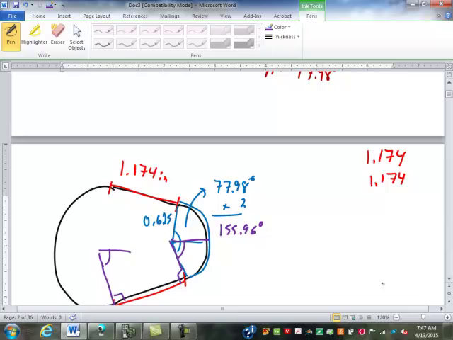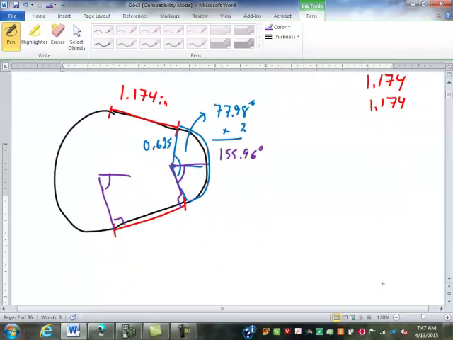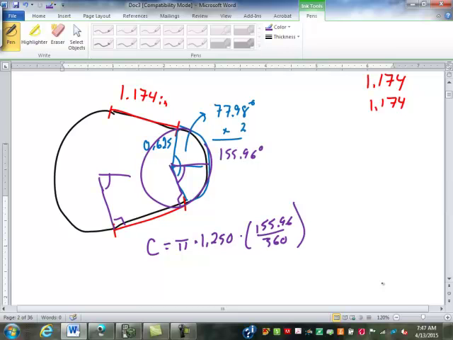How do we use that angle? What's it help us with? Very good. It's that out of 360. What we need to know first is what the circumference of this whole circle would be. Circumference is pi times diameter. So pi times 1.250. And then we would multiply by 155.96 over 360 to reduce that to that arc length.